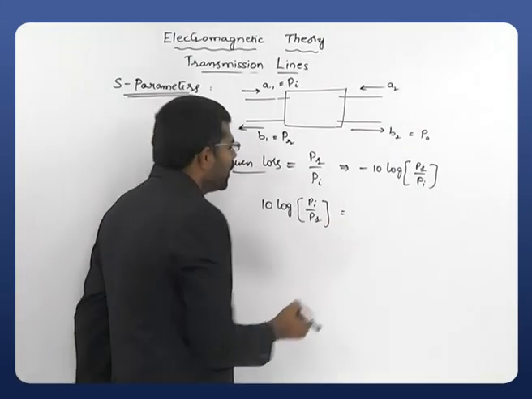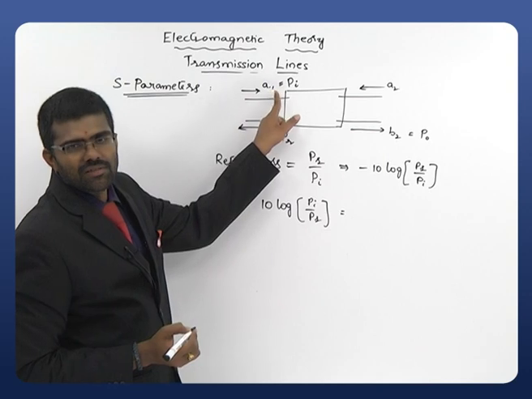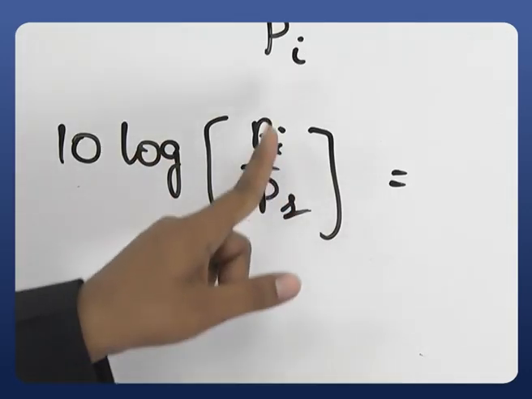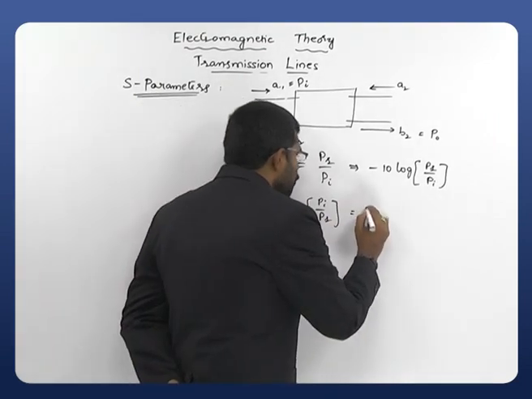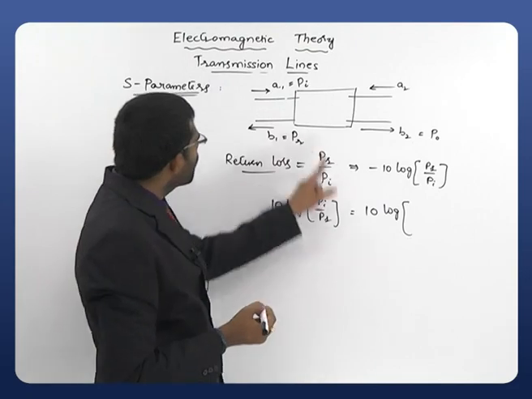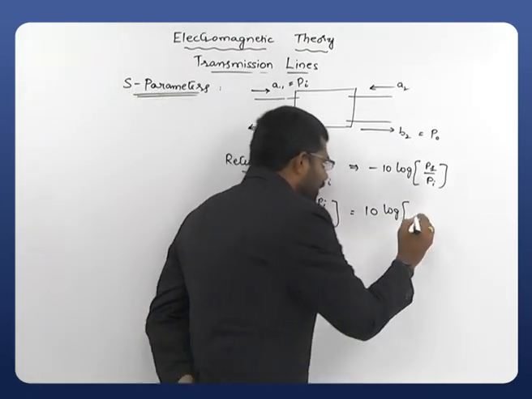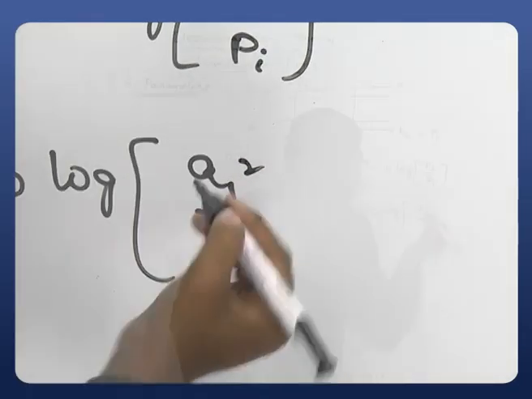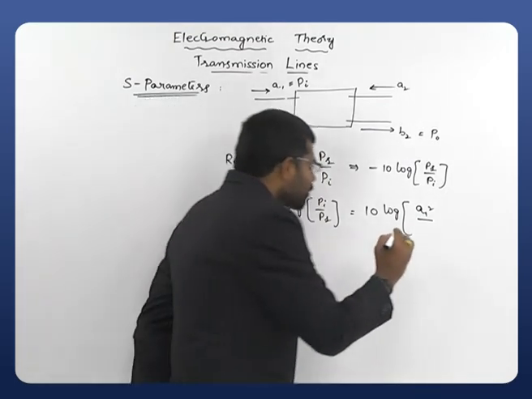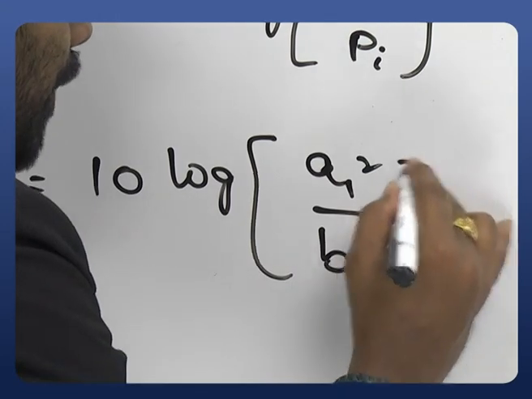As I said, the parameters we have are the field strengths or voltages, but here what we are using is the powers. So directly relate them, which is equal to 10 log, how can you write down that one? Pi, instead of Pi you can write down A1 square, right? So A1 square divided by, what is PR? Instead of PR you can write down B1 square. So A1 square by B1 square.